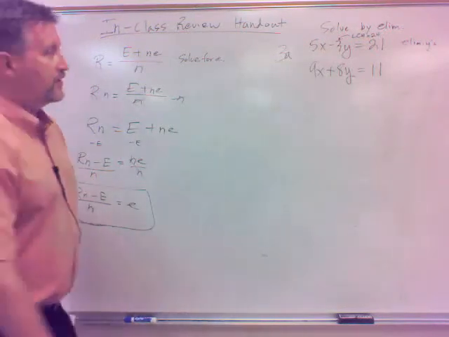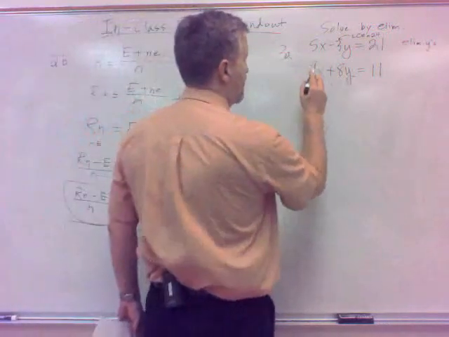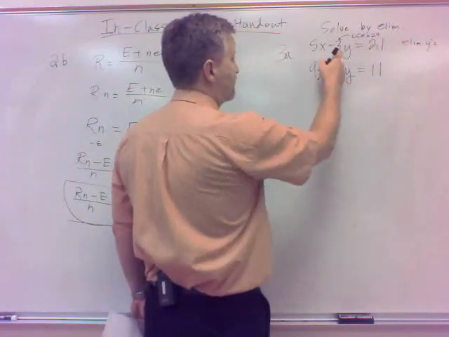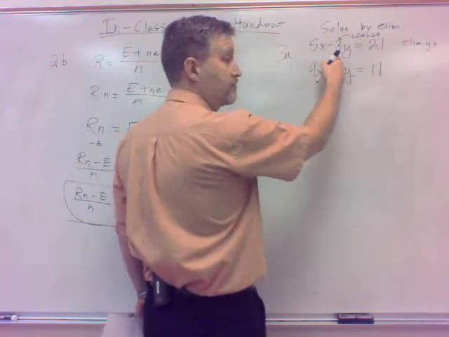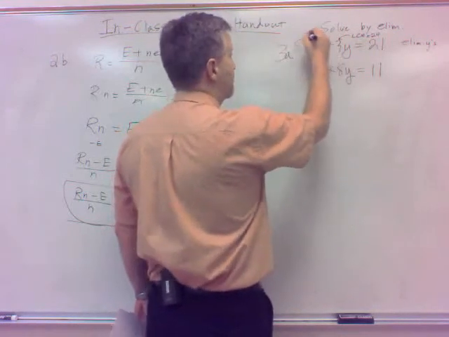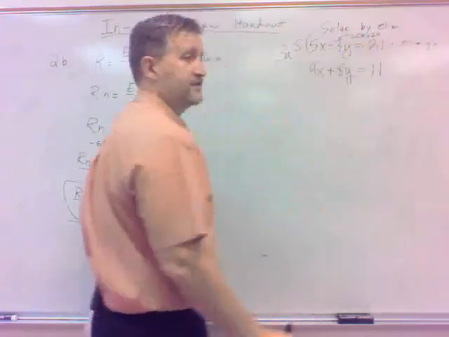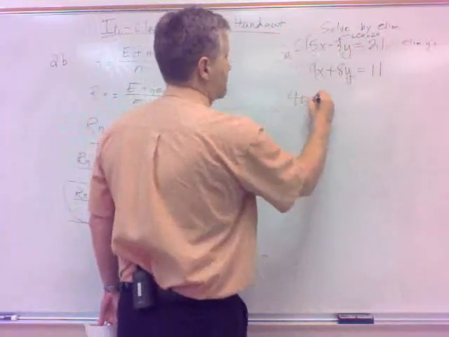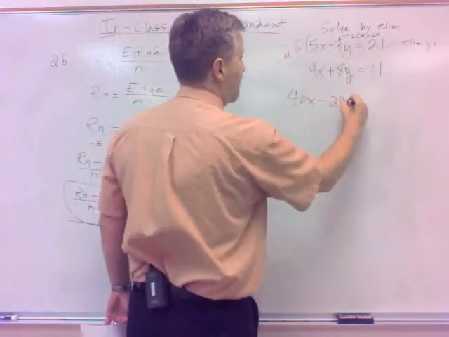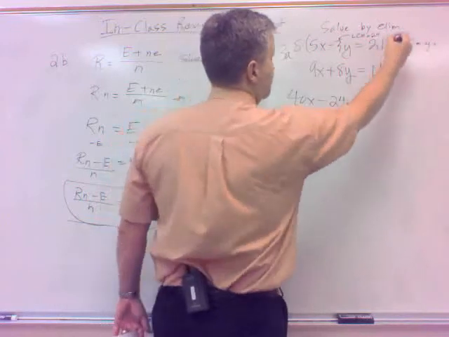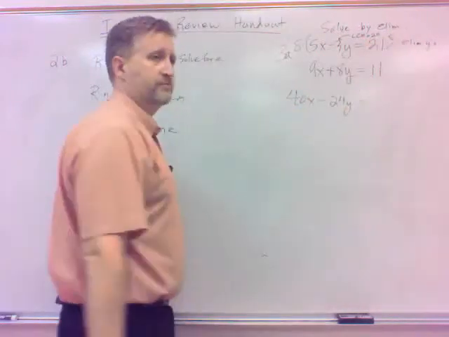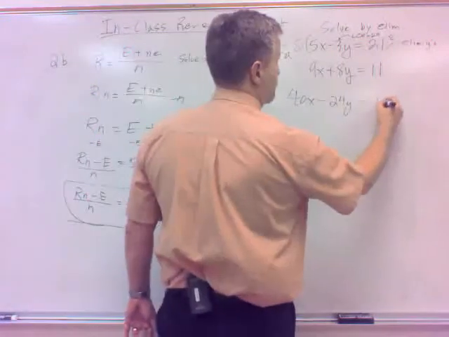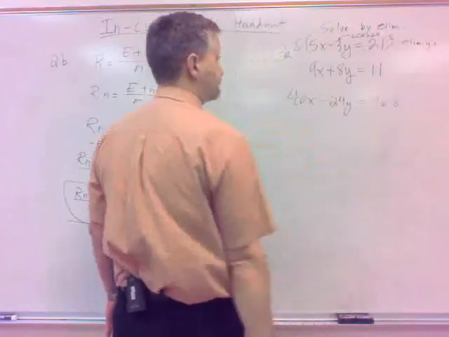All right, so what do I do to my equations here? On the top, I need to make it 24 minus 24, so that's going to be multiplied by 8. So I'm going to multiply the whole thing by 8. That'll be 40x minus 24y equals, and don't forget, that also gets multiplied by 8. The 21 times the 8 is 168.